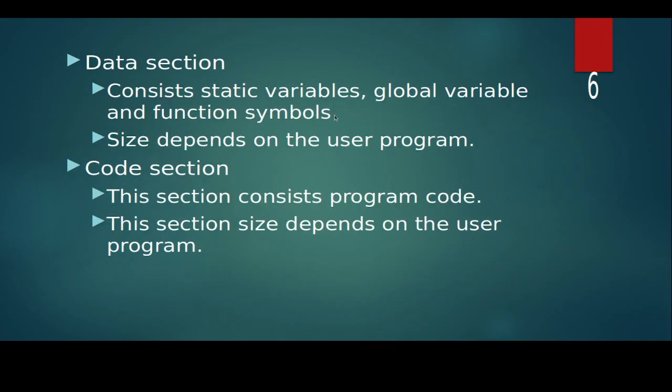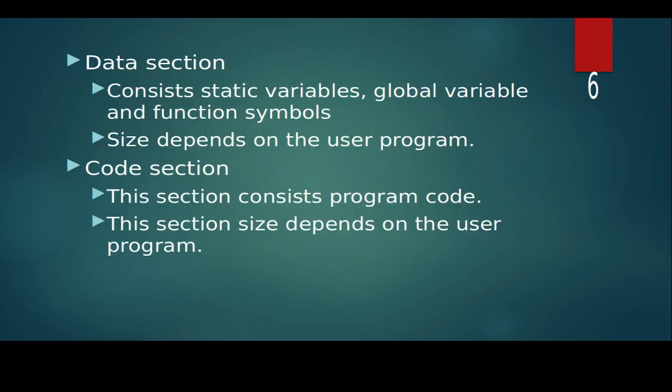Data section: it consists of static variables, global variables, as well as function symbols. Suppose we define two functions; the function names are stored in the data section. The data section size is not fixed; it depends on how many global and static variables the user has defined in the application.